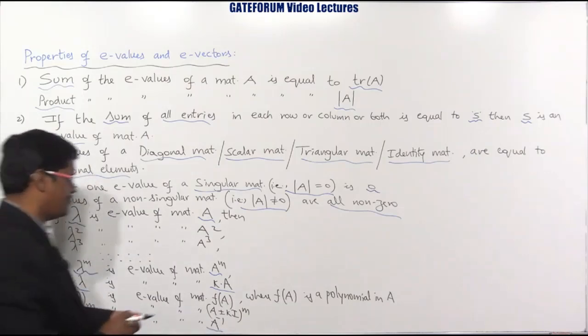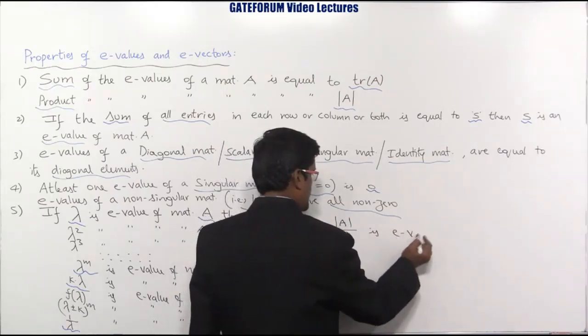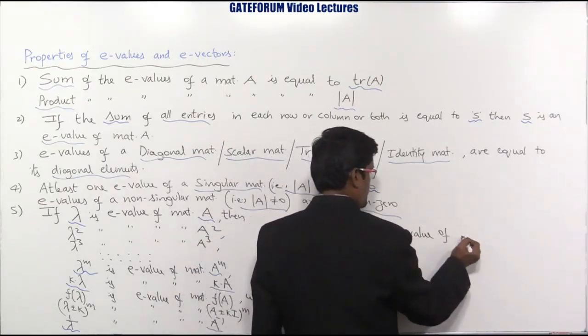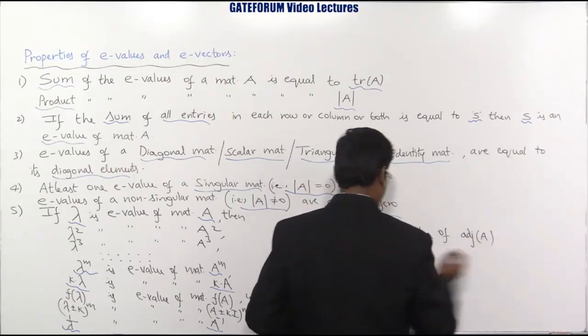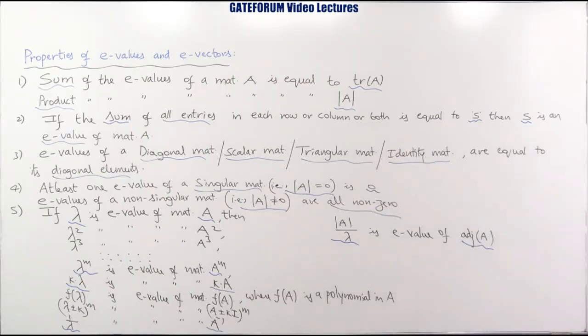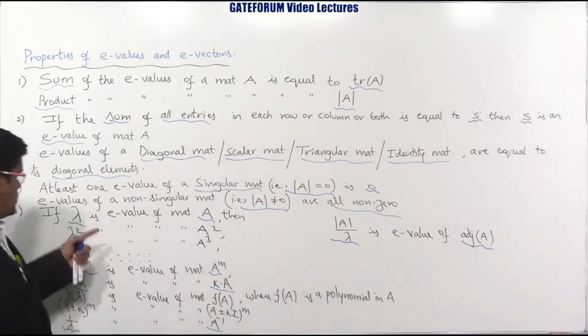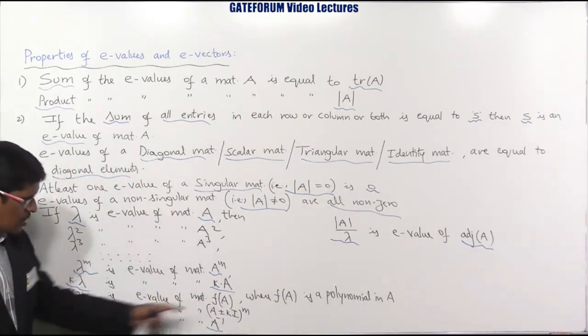And finally, det A by lambda is an eigenvalue of adjoint A. So whatever lambda changes its position, accordingly the matrix also changes.